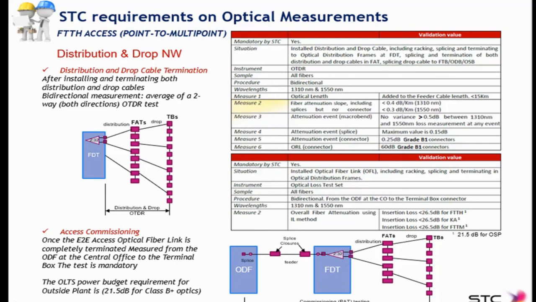So the overall insertion loss that we're expecting is 26.5 dBs, including the inside plant attenuation. But because the test is performed between the OSP-ODF and the terminal box, that optical budget is reduced to 21.5 dBs for the OSP part. We will see that in detail on the next slide.